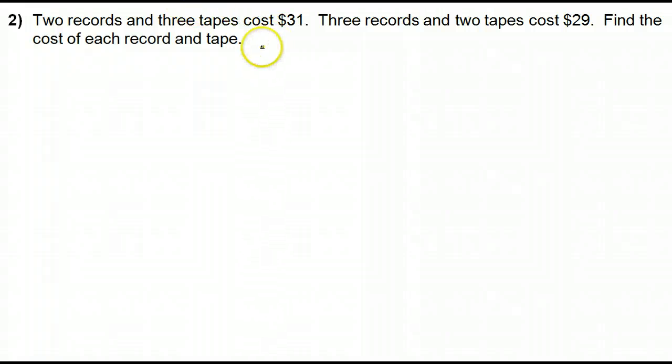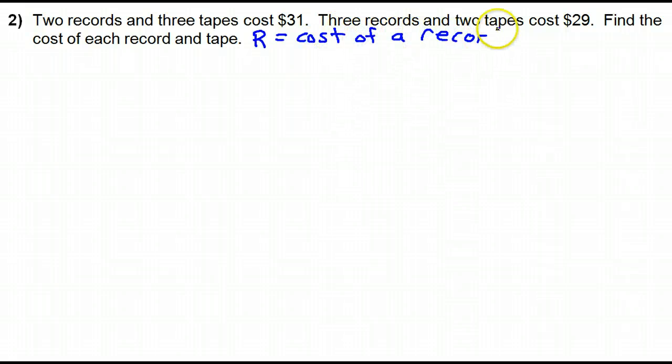So of course we need to define our variables before we do anything else. We're talking about records and tapes. So I'm going to let R equal the cost of a record. And I'm going to let T equal the cost of a tape.